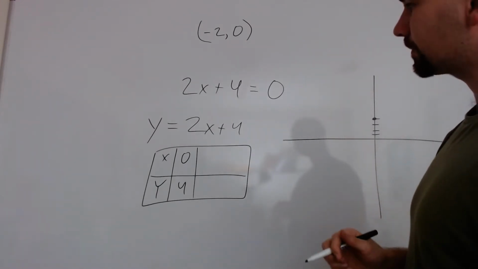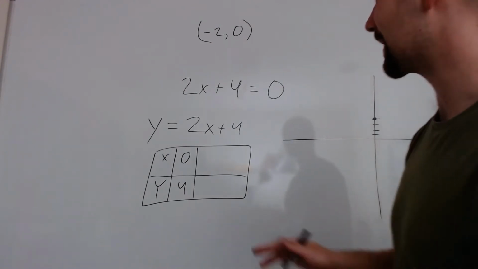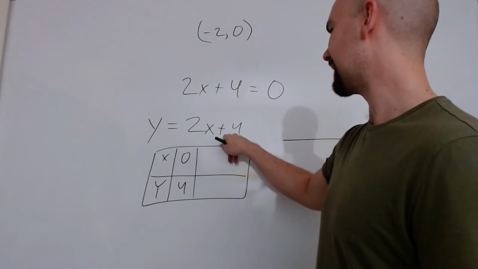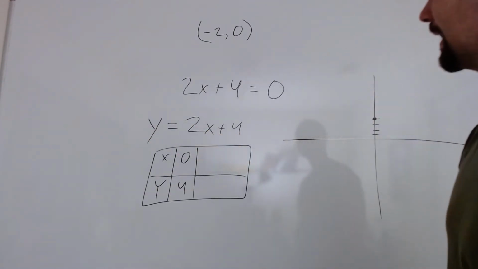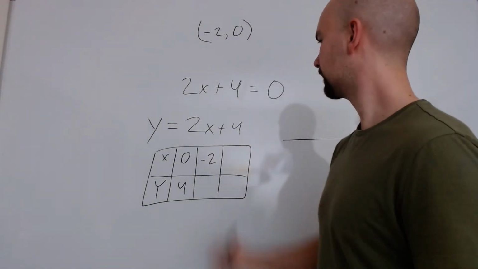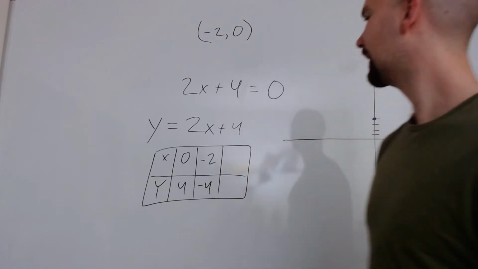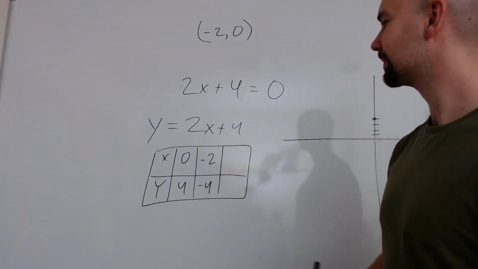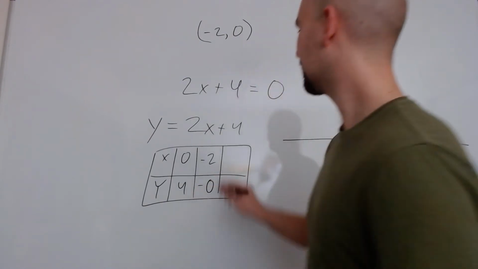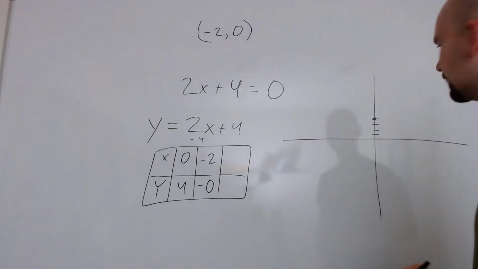But if I made y equal 0, meaning I need to ask myself what value of x is going to, when added to 4, equal 0, then I know that negative 2 will. Because 2 times negative 2 is negative 4, plus 4 equals 0.